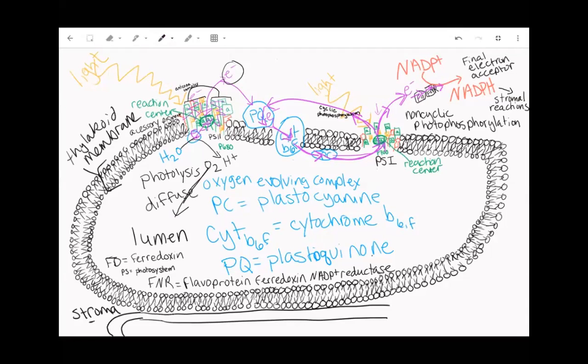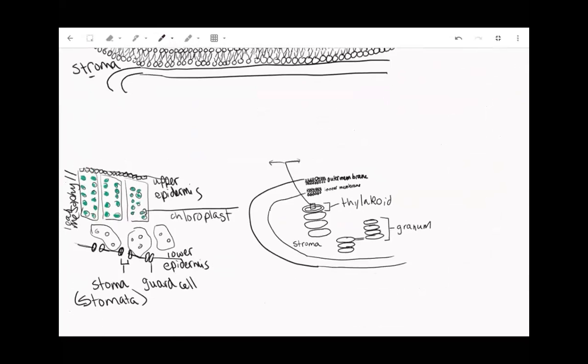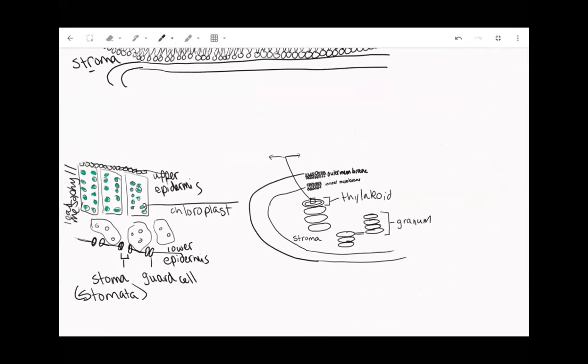And it's going to diffuse out of, remember where we're at. I did this earlier, so let's go down there. Remember, we're in the leaf, and we're in one of these chloroplasts. We're in the thylakoid membrane, so we just need some oxygen.